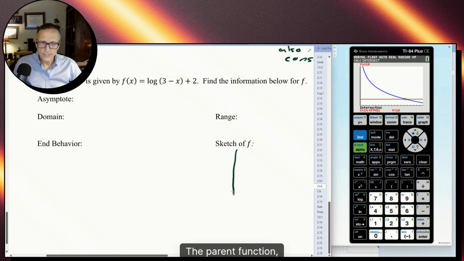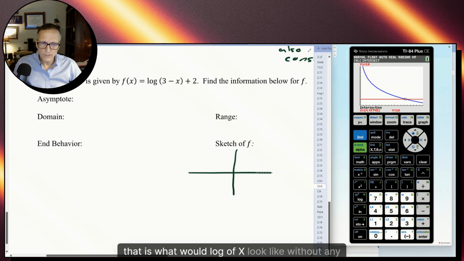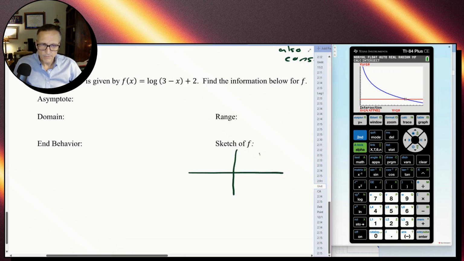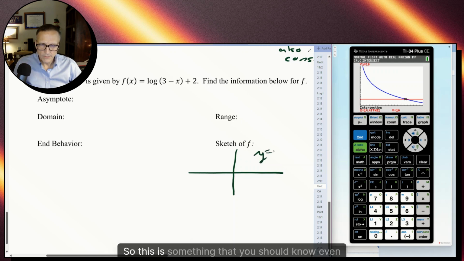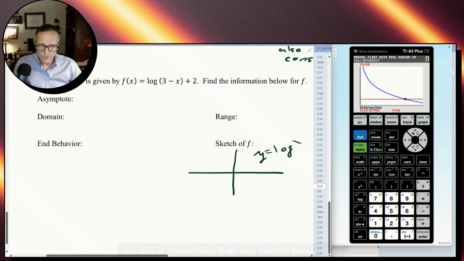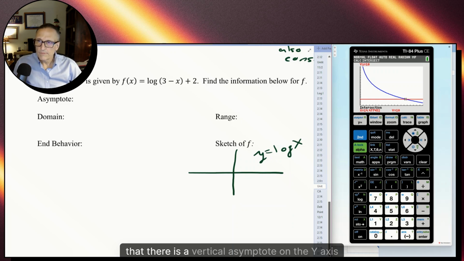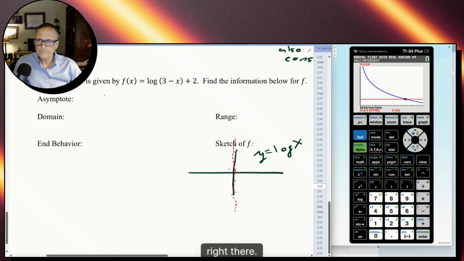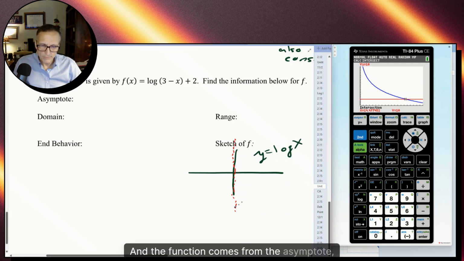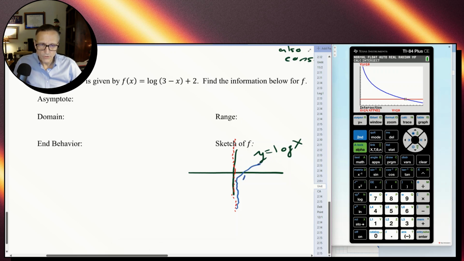The parent function, that is, what would log of x look like without any transformations? This is something that you should know even from your Algebra 2 background, that there is a vertical asymptote on the y-axis right there, and the function comes from the asymptote, hugging this asymptote coming up and will pass through 1 on the x-axis and then slowly rise at a decreasing rate.